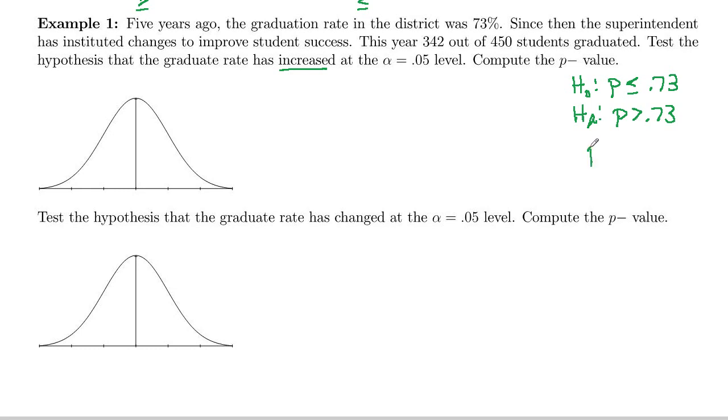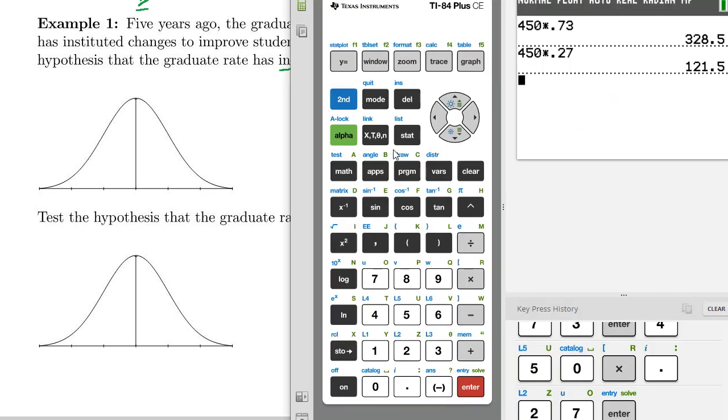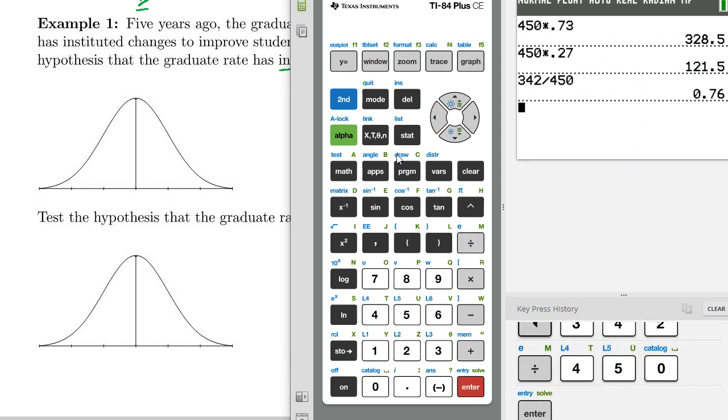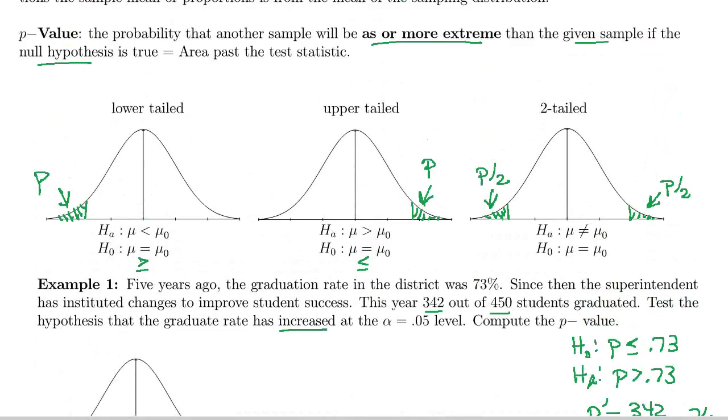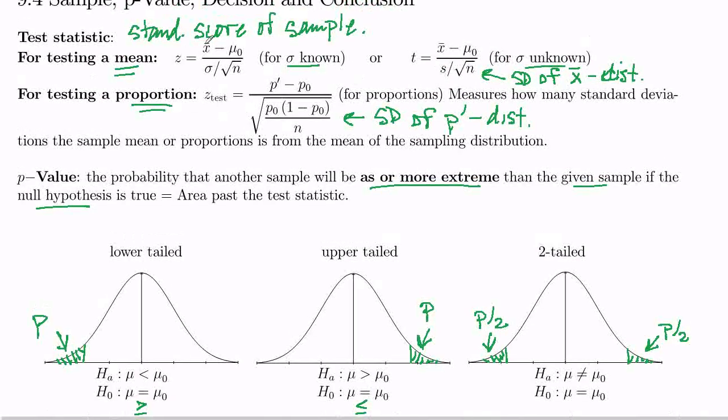And then our p prime, our sample proportion, is 342 out of 450. So 342 divided by 450. Compute that on the calculator. 342 divided by 450 is 0.76. And now we want to go ahead and compute our test statistic, and that will be this formula here.